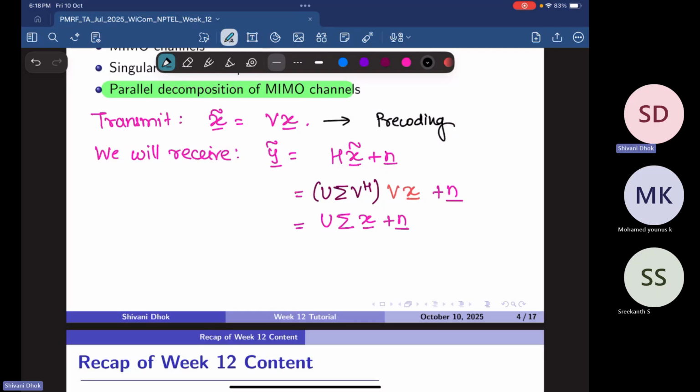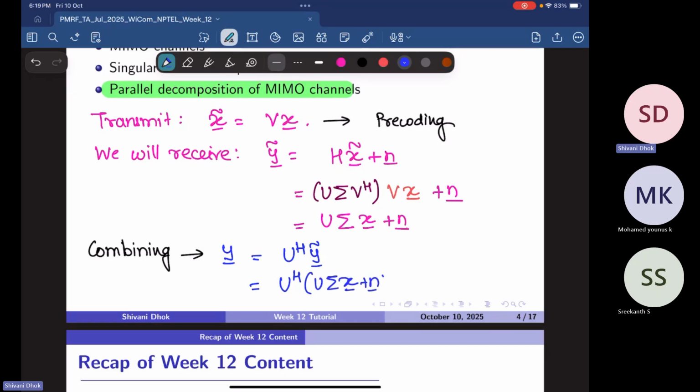And now we will do combining. For combining, we construct our vector Y, which is U Hermitian Y tilde. Then this will give me U Hermitian U sigma X plus N. Again, U is a unitary matrix, so U Hermitian U is I. So what I'll get is sigma X plus N, and mind you, sigma is a diagonal matrix.